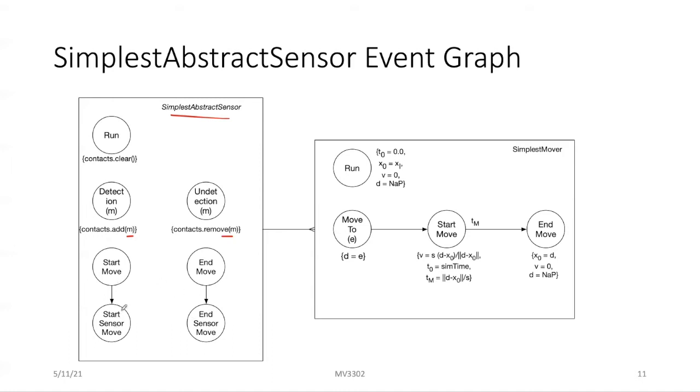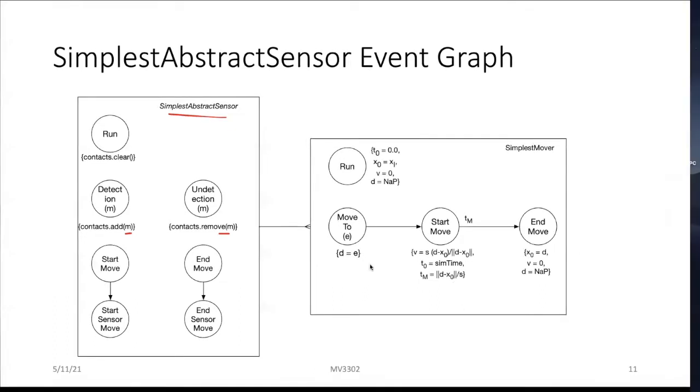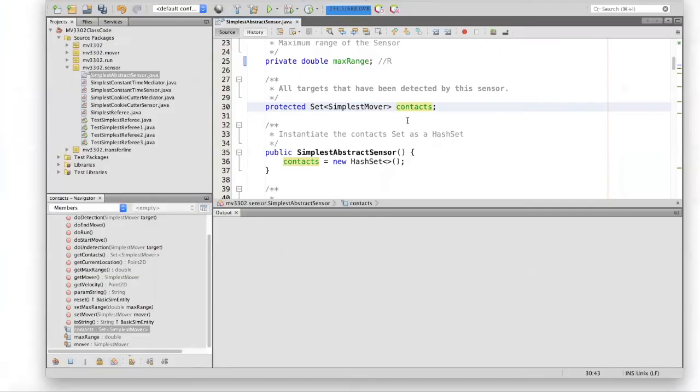The referee needs to know whether a sensor or a target has actually started moving, so I'm going to call it start sensor move, which indicates that it was the sensor that moved, not the target. Likewise, the end move, which is heard from the simplest mover, will schedule an end sensor move. Okay, so this is the event graph that we are going to be implementing here.